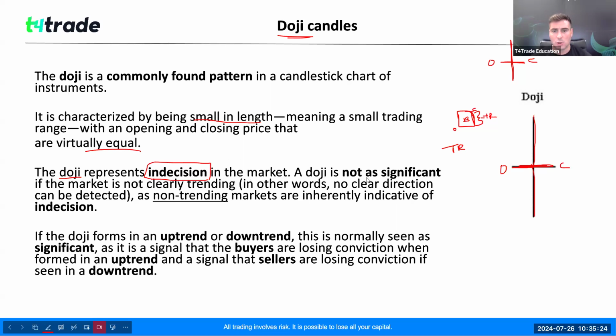A doji is not as significant if the market is not clearly trending. If we have a market moving between two bounds, two channels, and you see a doji candle being formed there, we don't care. We need markets trending, moving to the upside, and at the top you see a doji.